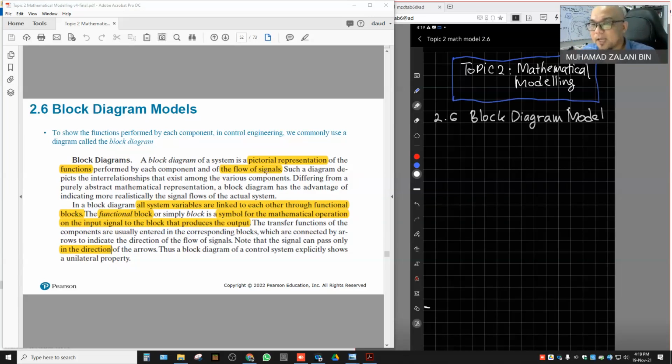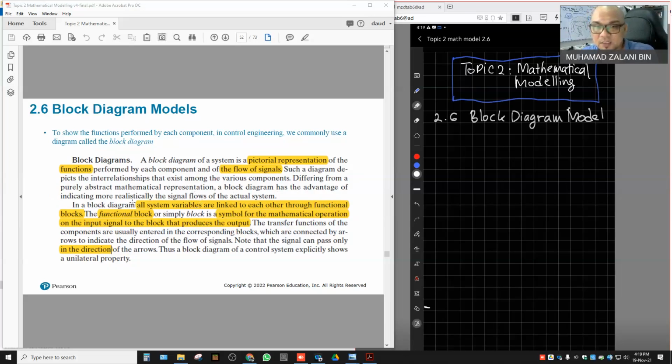I mean that we have blocks with the flow of input and output signals. Such a diagram depicts the interrelationship that exists among the various components. Differing from a purely abstract mathematical representation, a block diagram has the advantage of indicating more realistically the signal flows of the actual system.